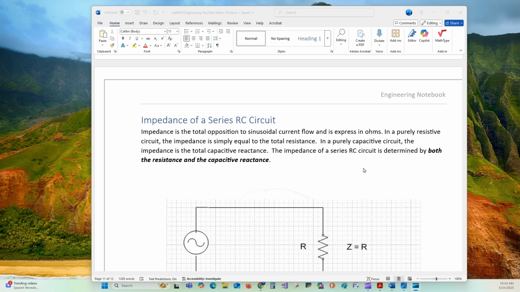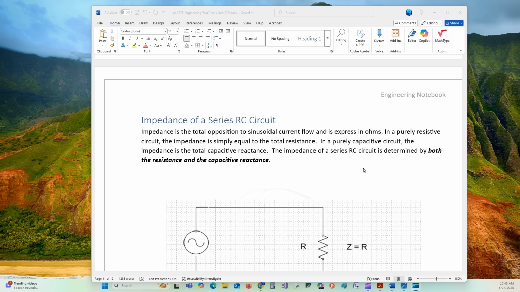Impedance of a series RC circuit. Impedance is the total opposition to sinusoidal current flow and is expressed in ohms. In a purely resistive circuit, there's no reactance, and so the impedance is simply equal to the total resistance. In a purely capacitive circuit, the impedance is the total capacitive reactance.